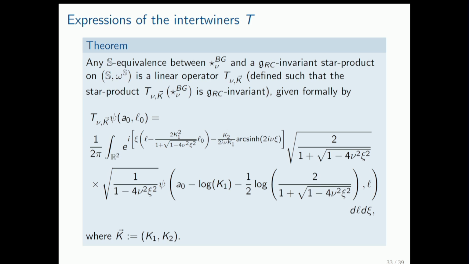Here you can see an expression representing all the possible equivalences we can get between the Bielawski-Guéral star product and the Rankin-Cohen star product. So now we get the link, formally at least, between Rankin-Cohen and Bielawski-Guéral.